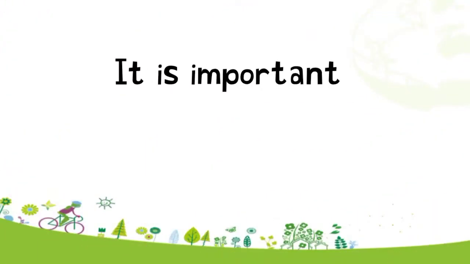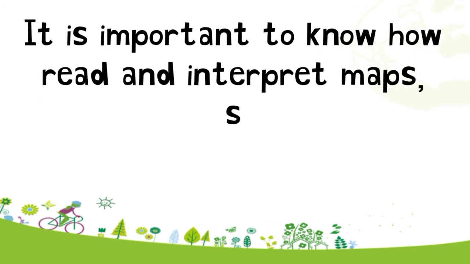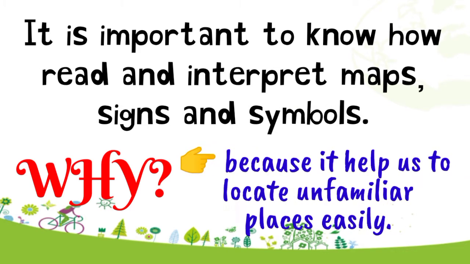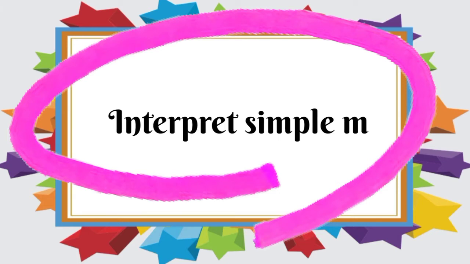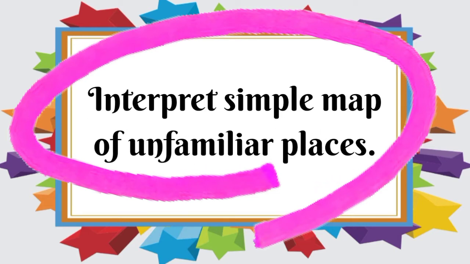Kids, it is important to know how to read and interpret maps, signs, and symbols. Why? Because it helps us to locate unfamiliar places easily. At the end of this lesson, you are expected to interpret simple maps of unfamiliar places.